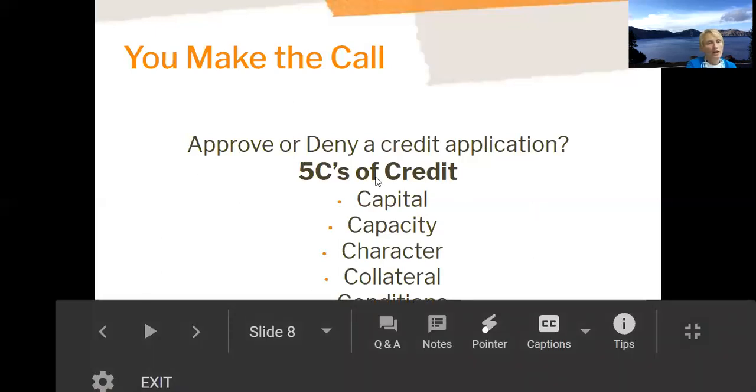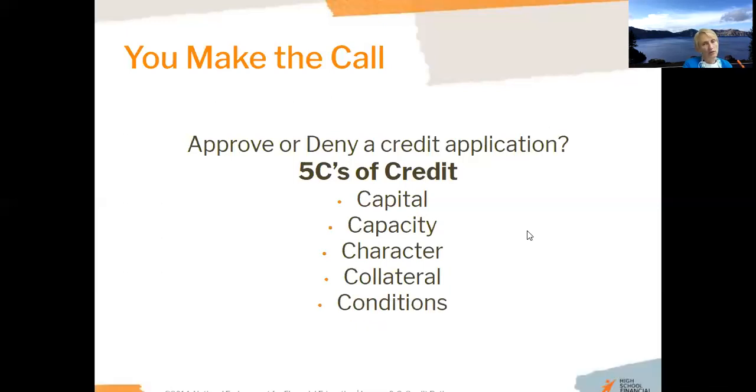But when you decide to approve or deny the credit application, you don't necessarily have information about every one of these things. But like, do they have a bank account? That's going to go into capital. Capacity: how much money are they earning? What's their income? How much do they want to borrow?